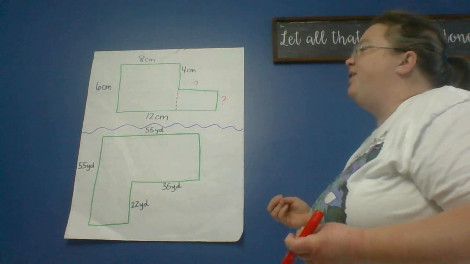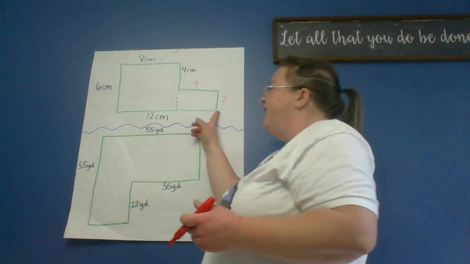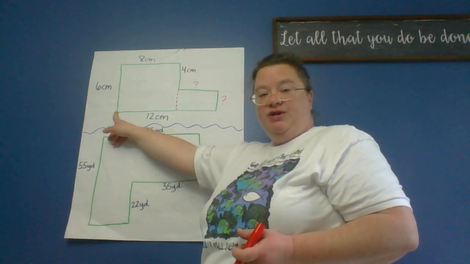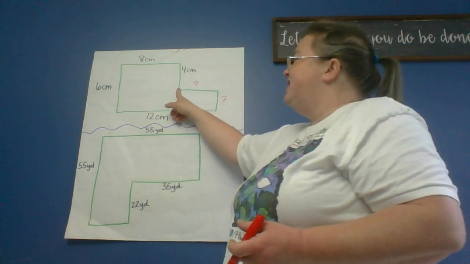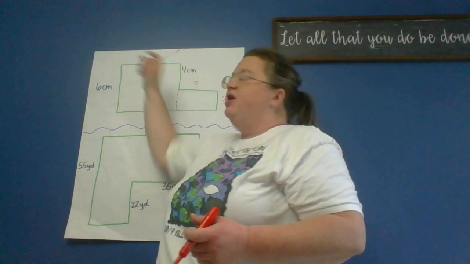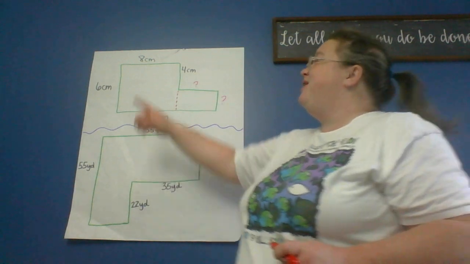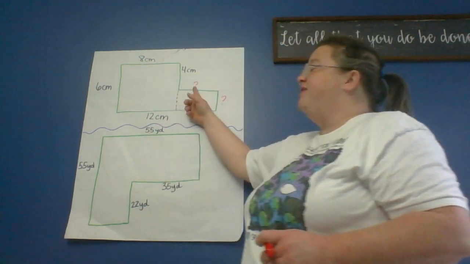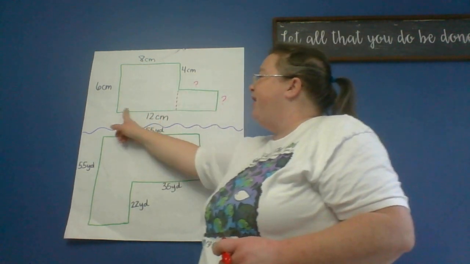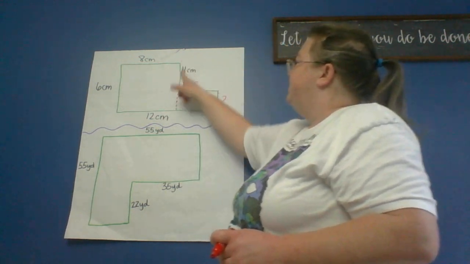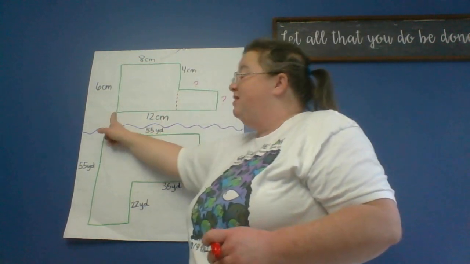So let's think what we know. We know that from here to here is 12 centimeters. We don't know what this is, but we know that from here to here is 8. So I know that 8 and something are going to equal 12, because this plus this is the same as that.